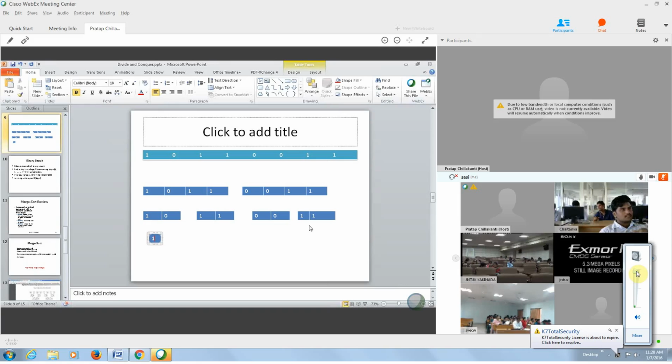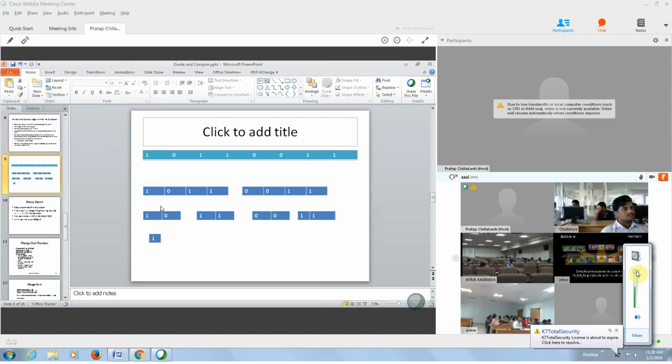So what did you say the depth of the tree would be? Log 2n. If you go back to the previous slide here, it says log 2n. Log 2n in this case would be 3, correct? So this is level 1, level 2, level 3.